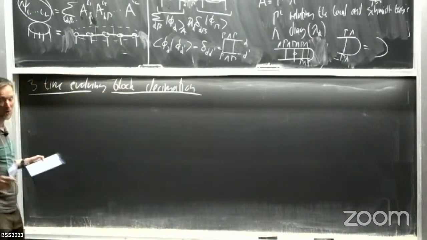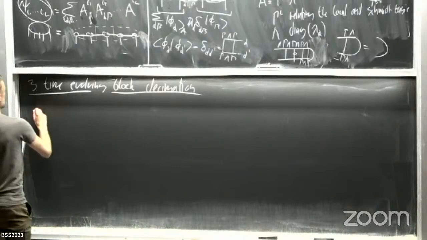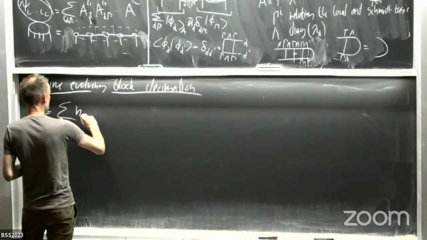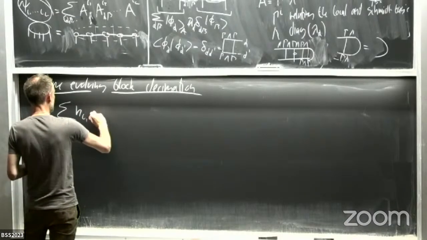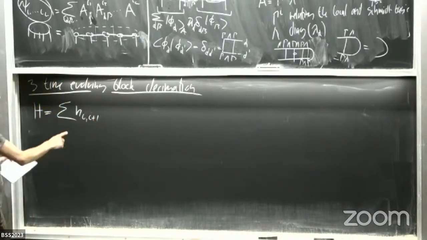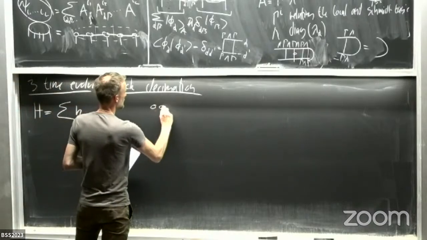The first part I can probably shortcut a little bit because you've all seen brickwork circuits quite a bit. So now what I want to do is assume that my Hamiltonian of interest is of the following form. So it's of the form that I can write as h i, i plus 1. Right. So we have now a Hamiltonian that only acts between nearest neighbors.